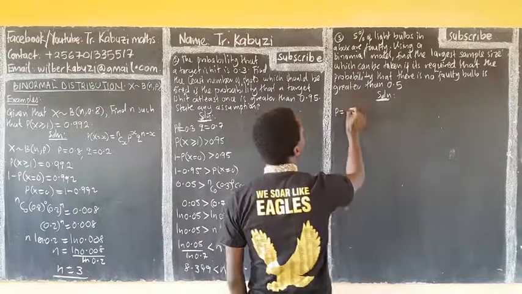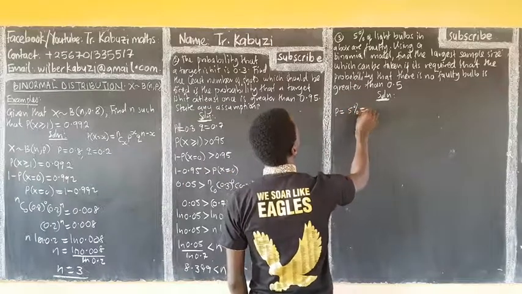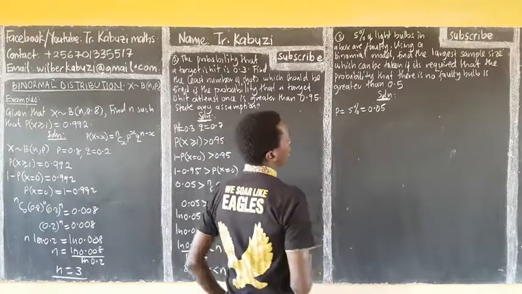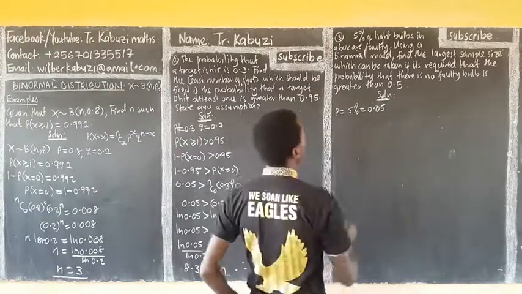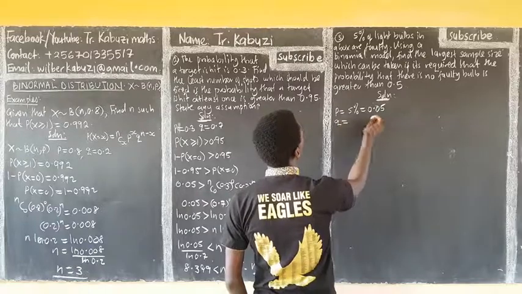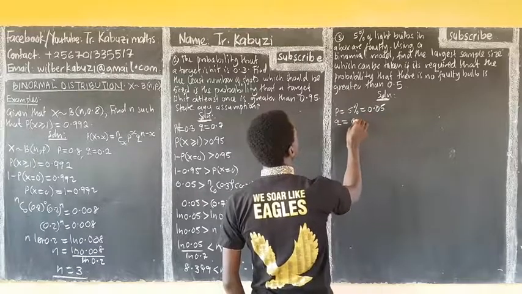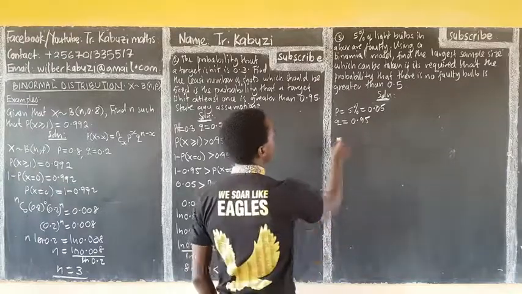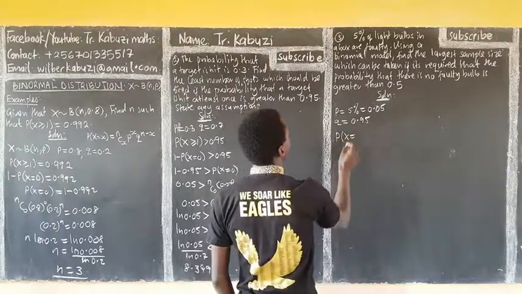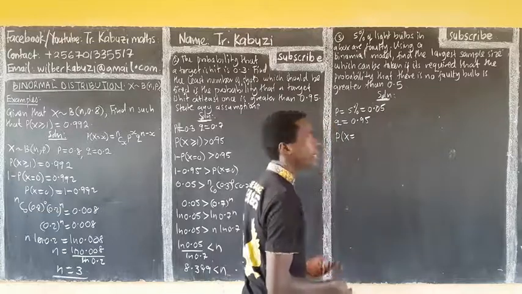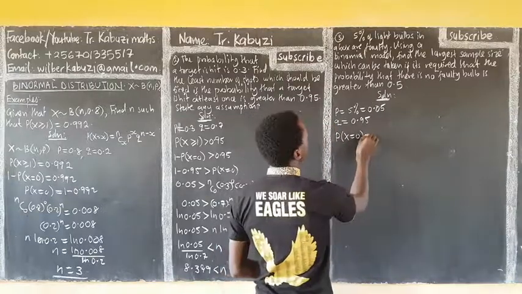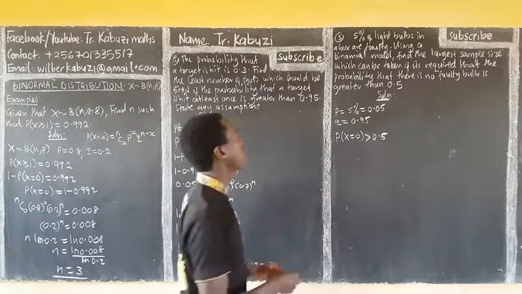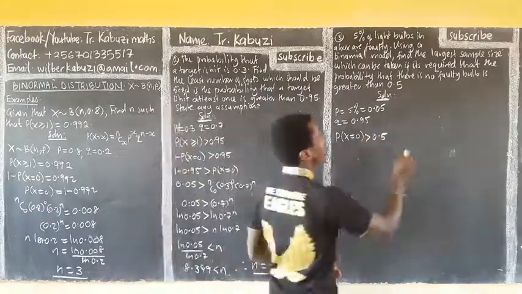So it's 5%, which will be 0.05. When you divide this 5 by 100, our probability of failure now will be 1 minus this, 0.95. Now they're telling us that the probability that there is no faulty bulb is greater than 0.5. As simple as that. This time they don't want any.